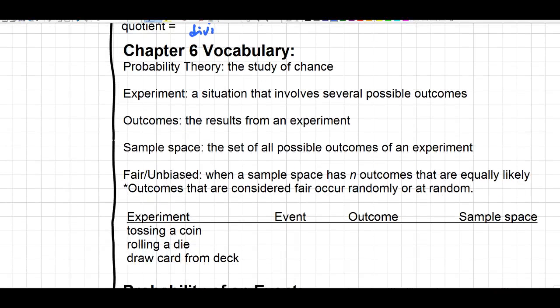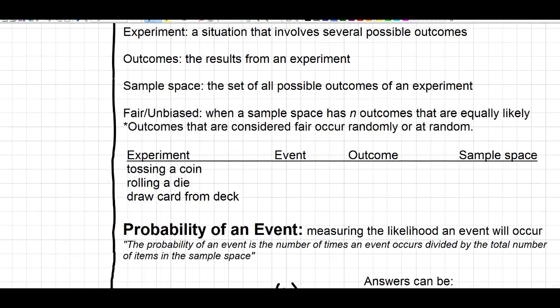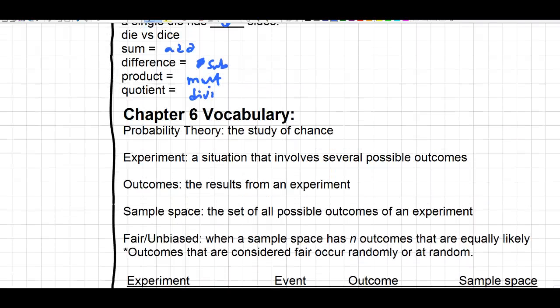Specific to chapter 6, there's some vocab that we're going to look through here. Probability is just the study of chance. Later on here, we do probability of a specific event as measuring the likelihood that that event will occur. The chances or the likelihood, those are kind of interchangeable ways of describing probability. In this class, when we talk about an experiment, we're not talking about anything formal like you would in your science class.